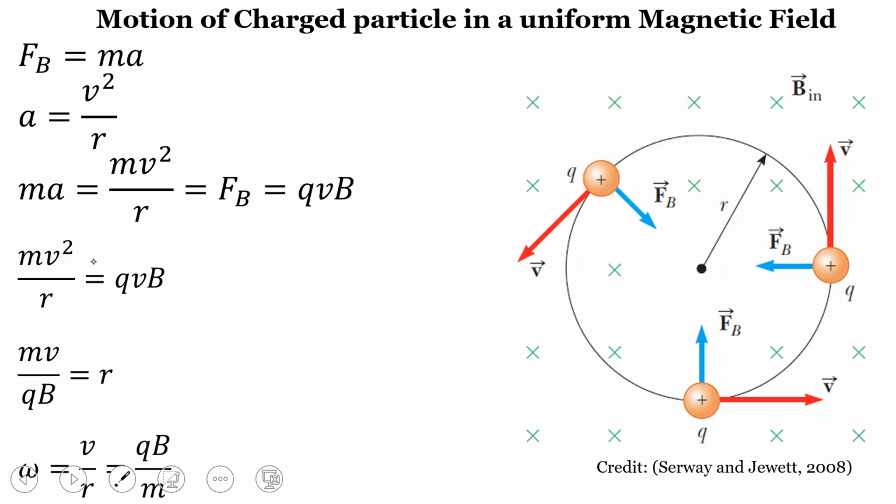Those X's are showing like the rear view of an arrow. So the direction is like those arrows of magnetic field are entering the screen. So because they are entering the screen, the direction of magnetic field in this scenario is perpendicular to the screen.